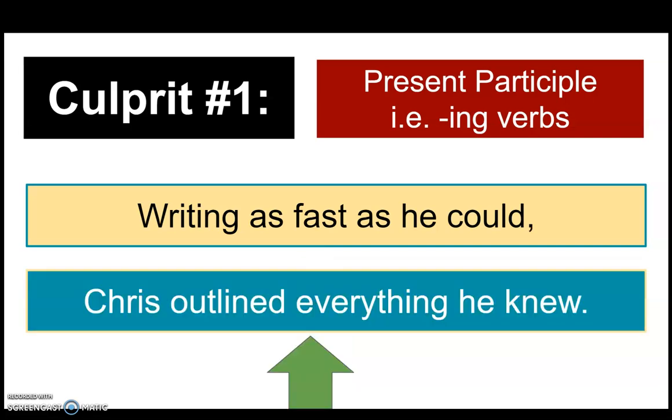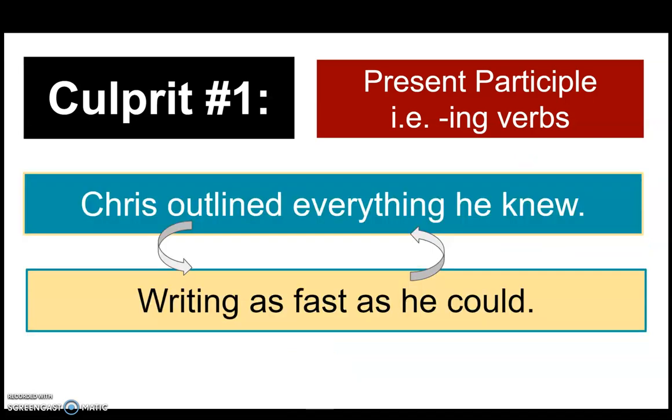Instead, we need to try to connect it with a complete idea. Writing as fast as he could, Chris outlined everything he knew. When you have a present participle as a dependent clause, you go ahead and follow that with a comma between that and your independent clause.